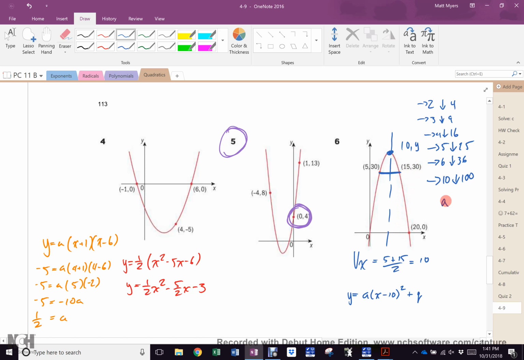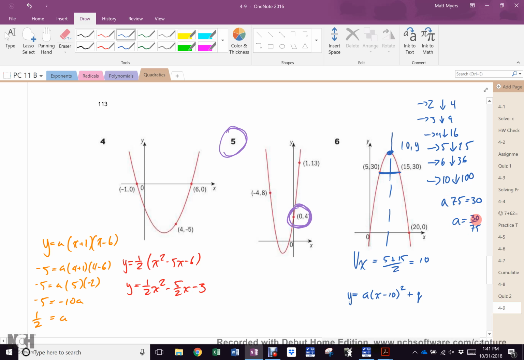So does the A affect the original 75 or the 30? It affects the original 75, doesn't it? So A times 75 must equal 30, correct? Because that stretch is what's going to change that 75 and make it 30, right?